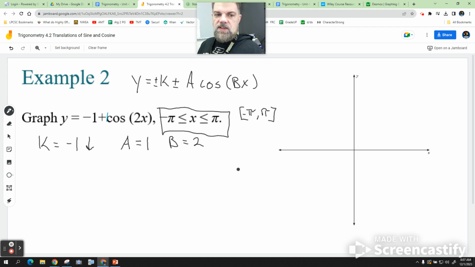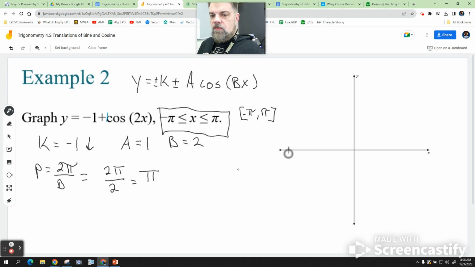So anyways, what does that tell us? Well, we're not flipping it and we're not stretching it vertically. Let's figure out what the period is. The period P is equal to 2 pi over B, which is just 2 pi over 2, which is just pi.